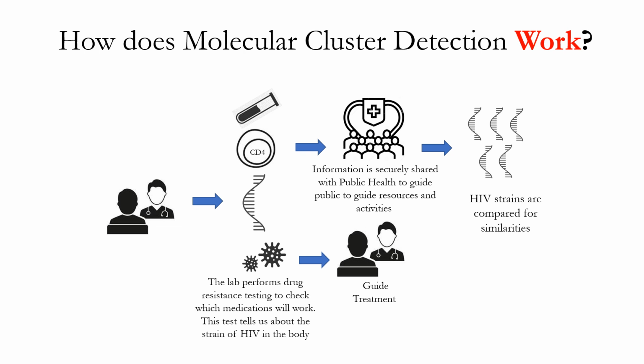Results are given back to the doctor to guide treatment. They are also safely shared with health departments. Health departments use this information to watch trends and analyze if HIV strains are too similar to one another, which could indicate rapid HIV transmission and require a quick response.